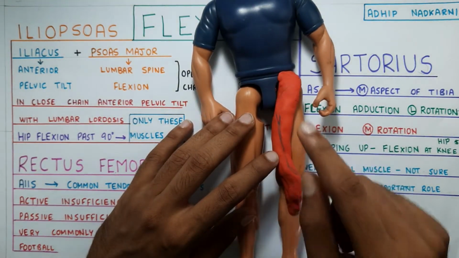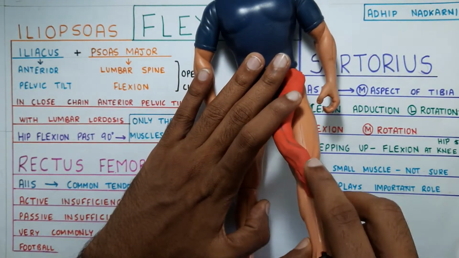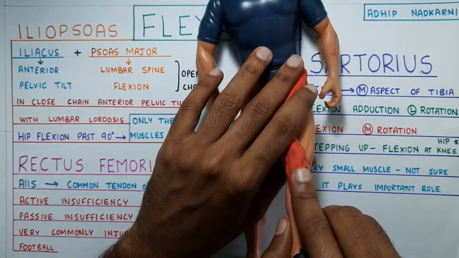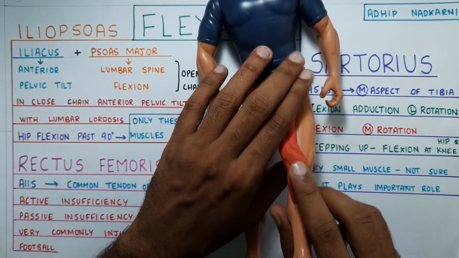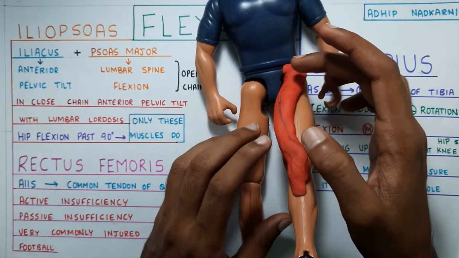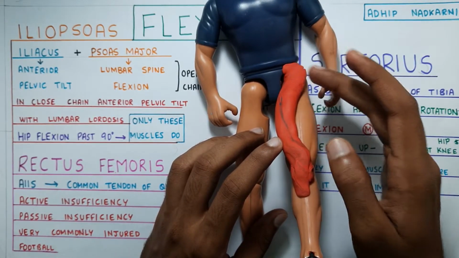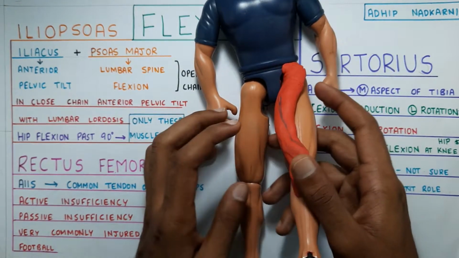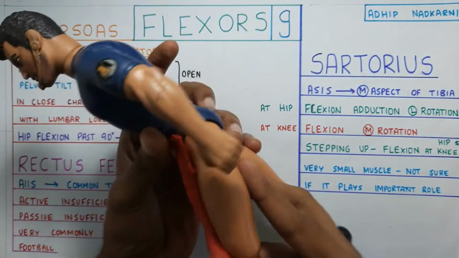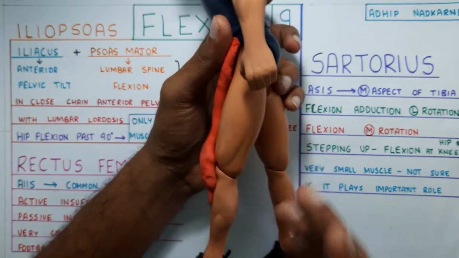So if I contract my rectus femoris, there will be hip flexion and also knee extension. And when both of these occur, the rectus femoris cannot generate enough force. Okay. So that is your active insufficiency. And what is passive insufficiency? When I'm trying to stretch the rectus femoris, it's exactly the opposite.